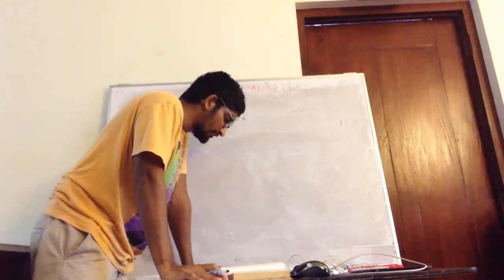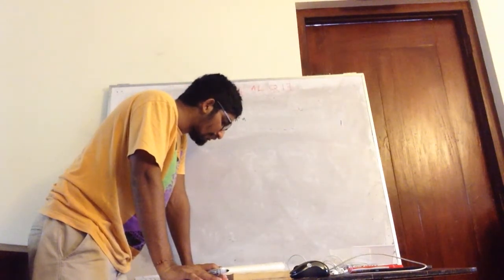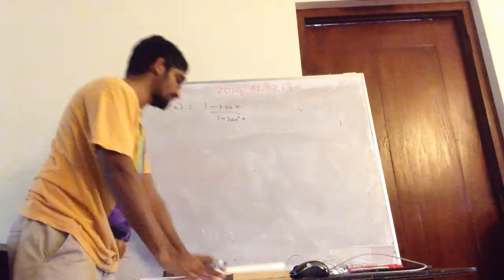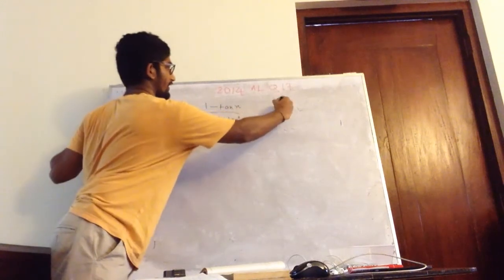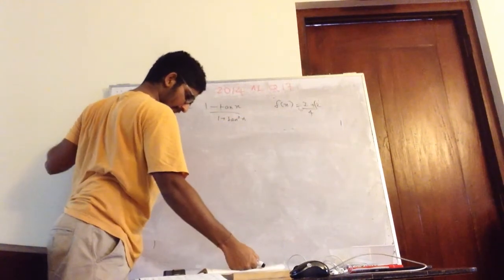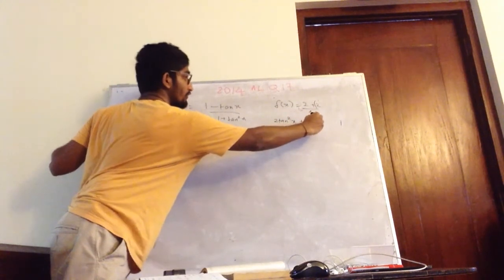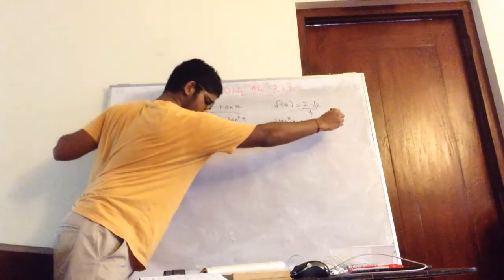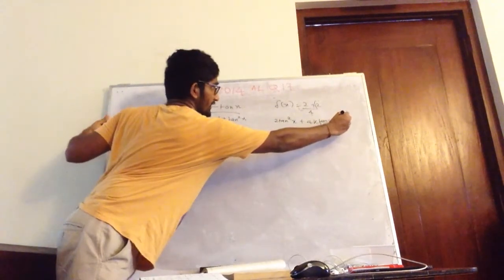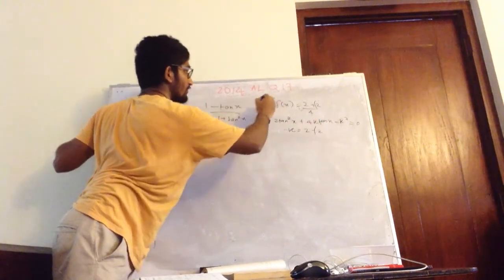So using the first expression given for f(x), show that f(x) equals (2 + √2)/4 can be written as 2 tan²x + 4k tan x − k² = 0, where k is... So this is what we need to prove.